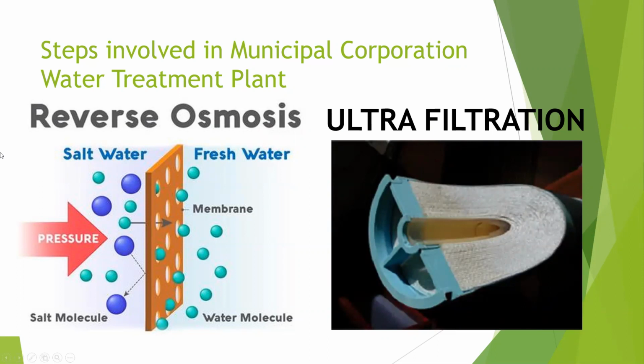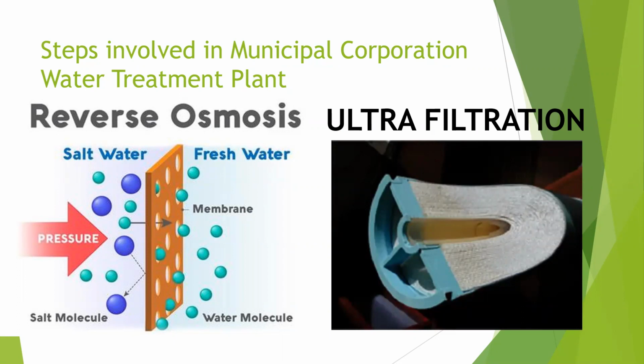In reverse osmosis, a semi-permeable membrane allows water molecules to pass through and resists the entry of salt molecules to the other side of the membrane. Here, external pressure is applied in order to reverse the direction of flow of water, that is, from high concentration to low concentration.